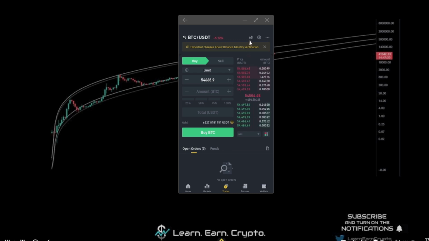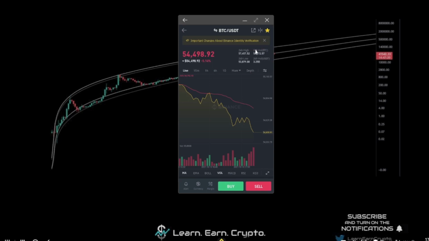To view the chart, you can click on this button and you'll see the Bitcoin price chart. Or you can also use the Bitcoin price chart from tradingview.com.